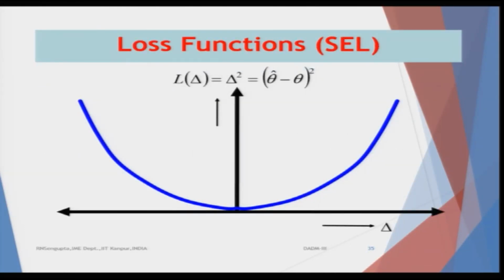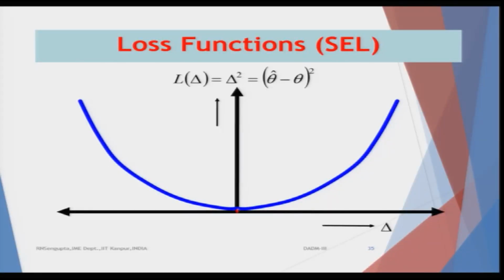So, let us see this graph. Along the x axis we measure the difference between the statistic and the parameter value. If the parameter value is theta and the statistic is theta hat, then the difference of theta hat and theta is denoted by delta, and delta is measured along the x axis.